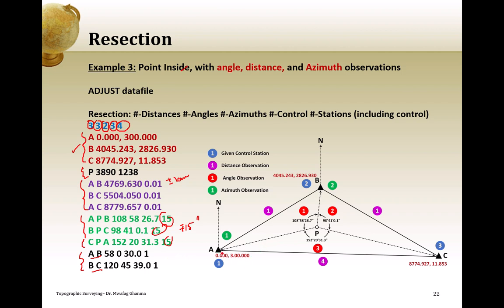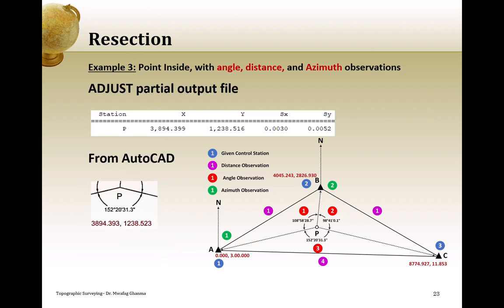Can we add one more azimuth, for example AC or CA or whatever? Of course we can. But here we said we just measure two azimuths. So these are plus minus 1 second, which means they are known very accurately. Let's go to the answers and see what we got. The results from example 1 with only the control points.